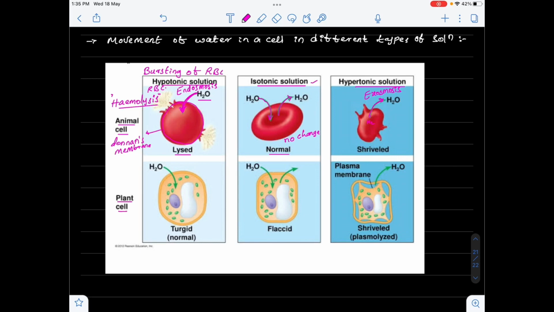And it results in the membrane of RBC shrinking or shriveling. This shrinking of RBC is taking place due to the exit of water from the cell into the external solution, because the external solution has more solute than the cell.